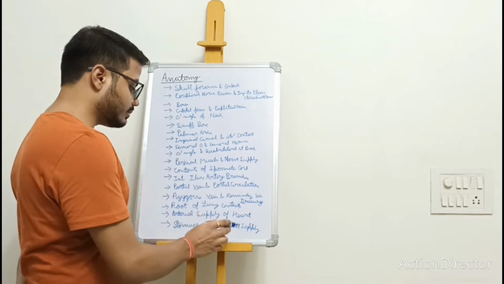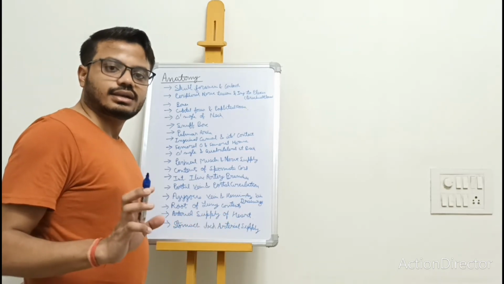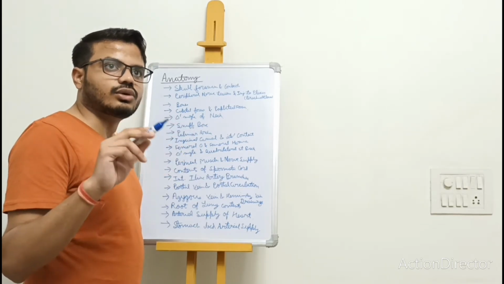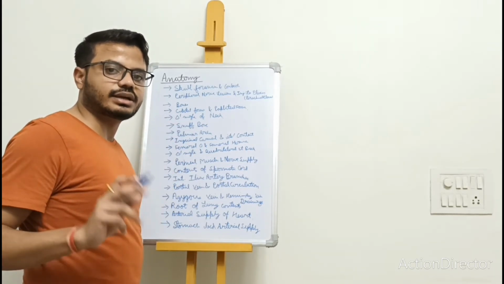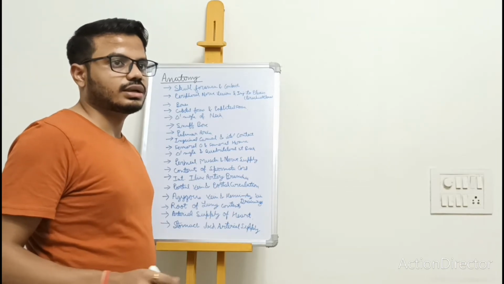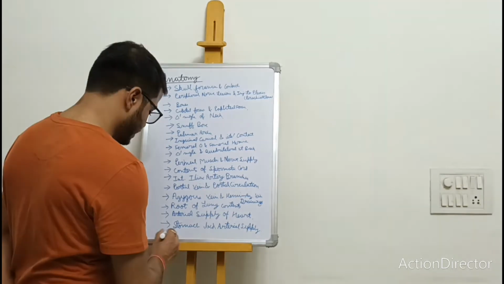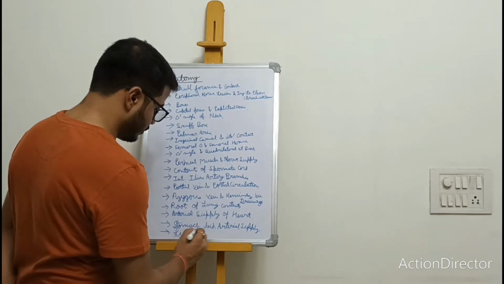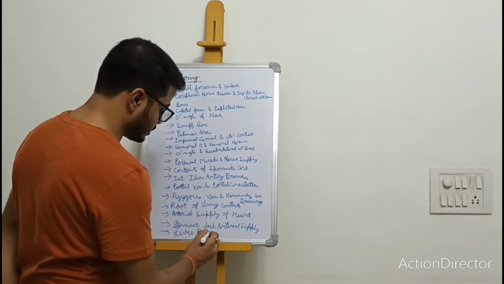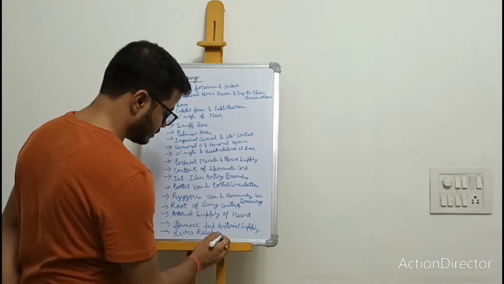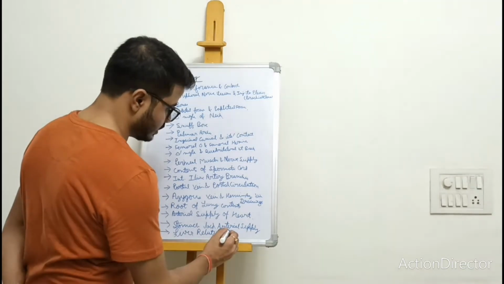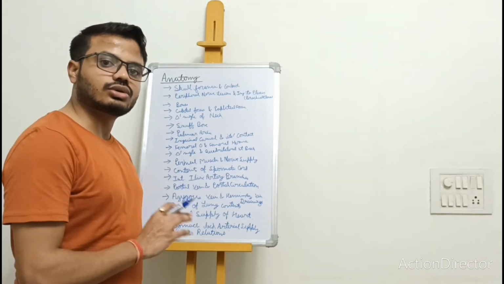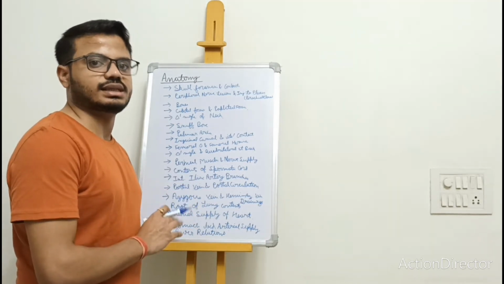Then the stomach bed and arterial supply, the celiac trunk and all the arteries arising nearby, you have to be thorough about. And one more you can see, liver relations, anterior and posterior, right? You have to be thorough with these topics in anatomy, right?